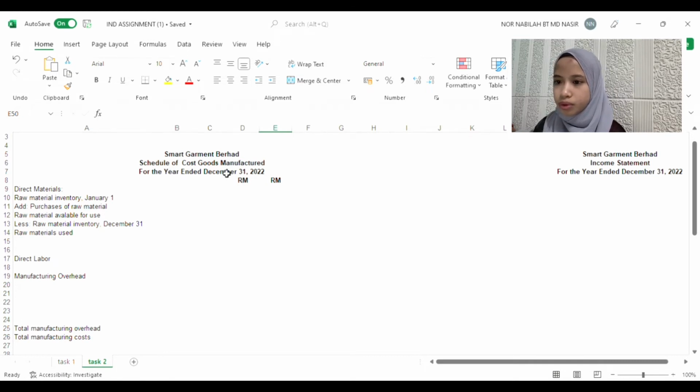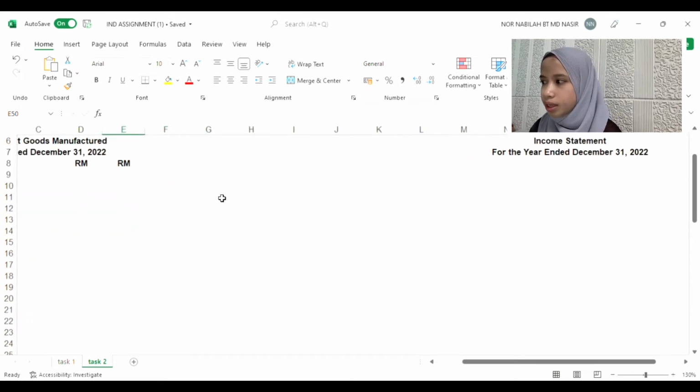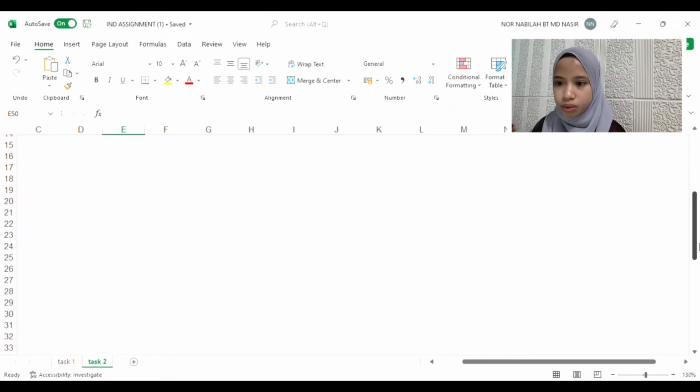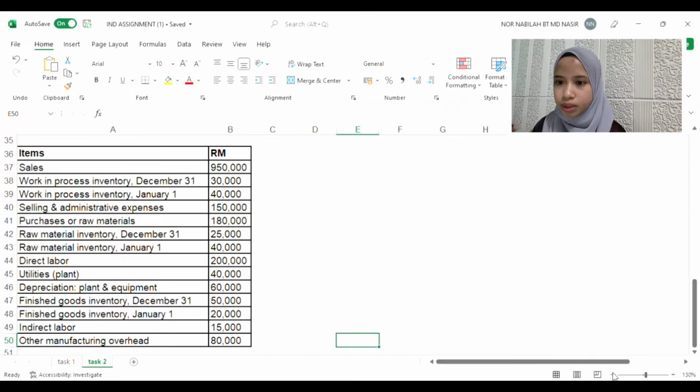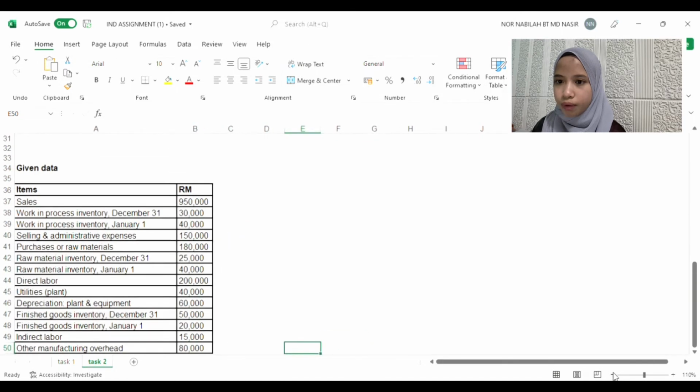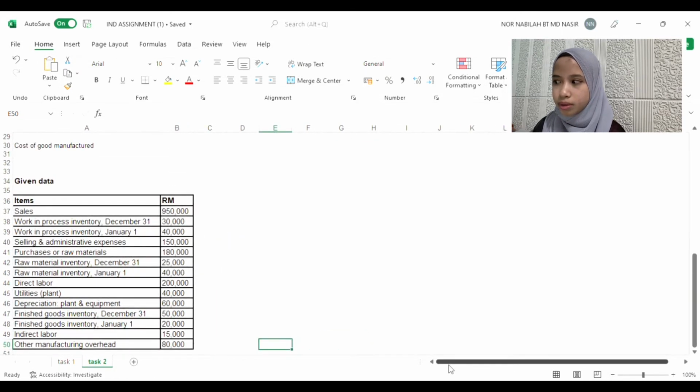We have to do the schedule of cost of goods manufactured and income statement for Smart Garment Berhad for the year ended December 31, 2022. First we have to do the schedule of goods manufactured.